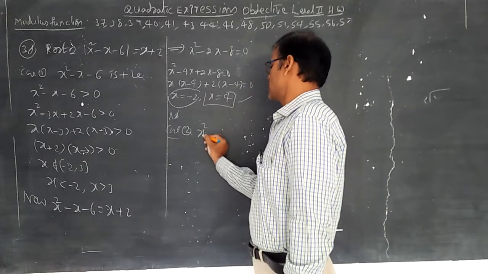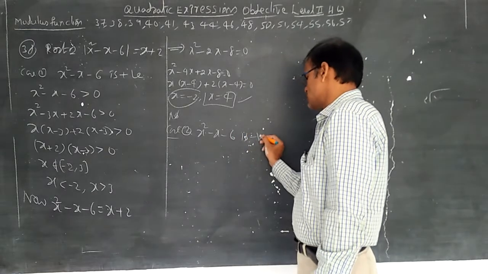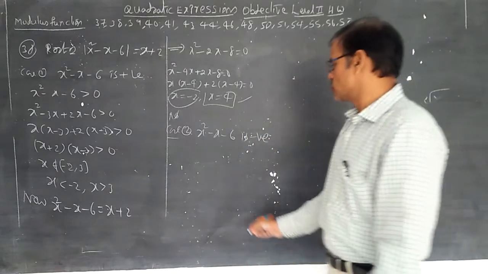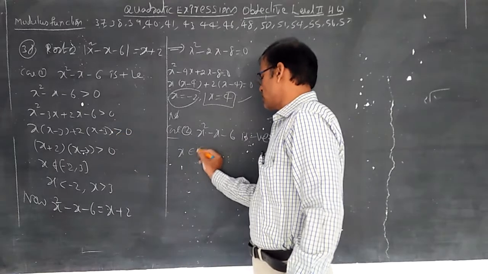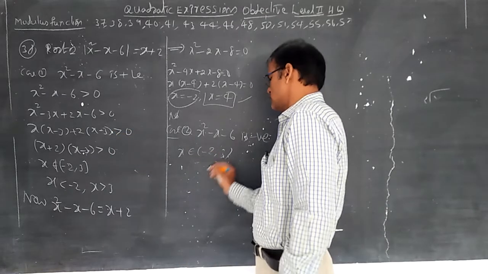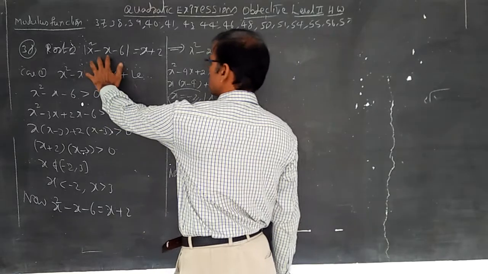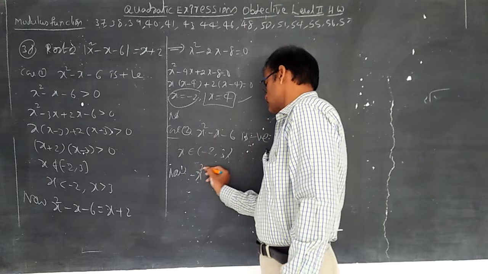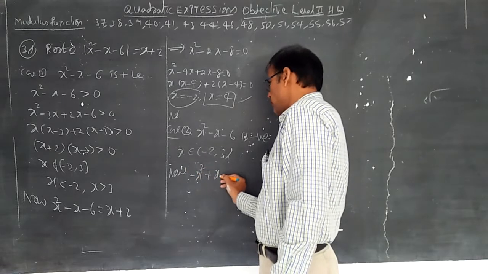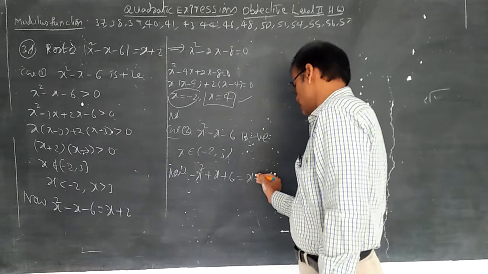Now case 2: negative I am taking. x square minus x minus 6 is negative. In a similar way, x belongs to minus 2 comma 3. Now we can write taking this modulus as negative: minus x square plus x plus 6 is equal to x plus 2.